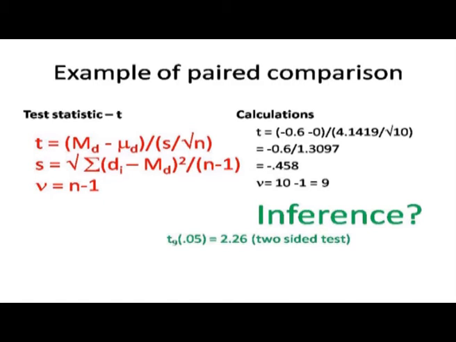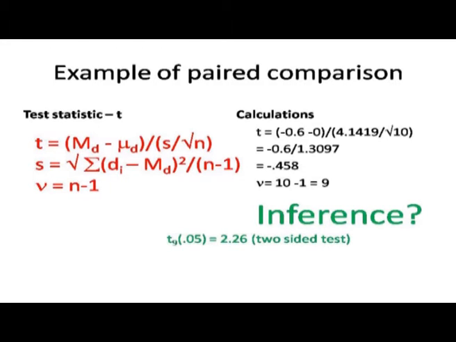S is the square root of this whole thing, because sigma differences square divided by degrees of freedom is defined as S square, and square root of this actually should be S. This S without square root should be read as S square.